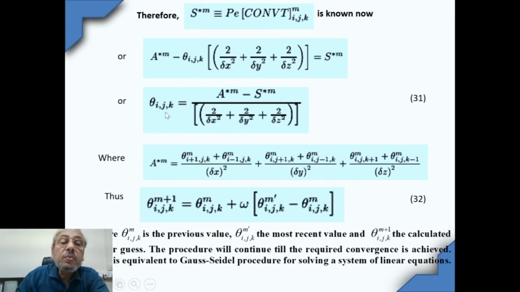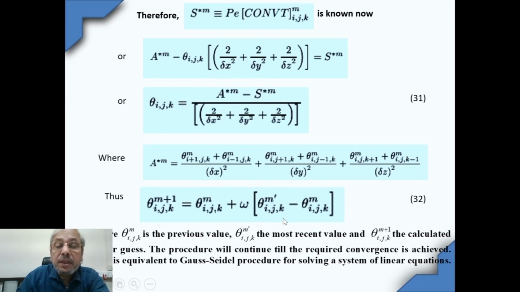We can get the new theta ijk distribution on all cells if we run from i equal to 1 to IIM, j equal to 1 to JIM, and k equal to 1 to KIM. Point by point, we will be able to get that. If that is the improved or new theta ijk, we can call it m prime. So theta ijk m prime, let us assume we are calculating through equation 31.